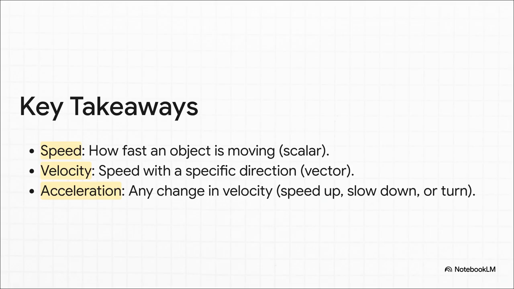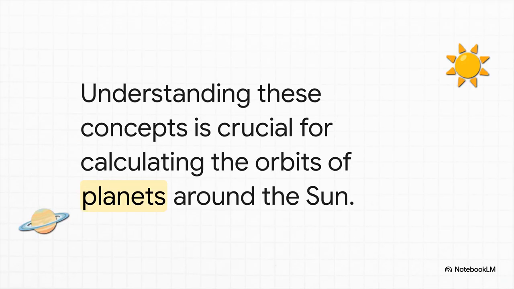Speeding up, slowing down, or just turning. And believe me, this isn't just stuff for a physics test. This exact, precise language is what allows the GPS in your phone to tell you to turn left in 200 feet. It's how engineers plot the course for a rover on Mars, and it is absolutely essential to understanding the majestic orbits of the planets around the sun.